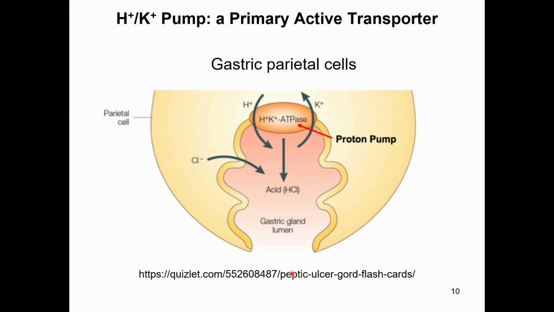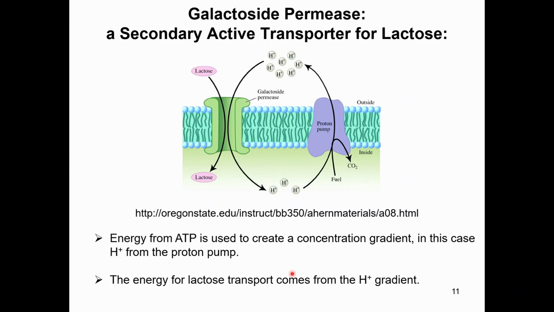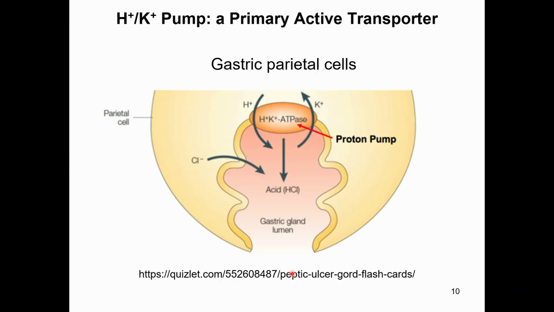And it turns out that there's a whole bunch of regulation that goes on with gastric parietal cells. So for instance, you don't want your stomach secreting a bunch of acid at 3 a.m. That would be unpleasant. But you'd like your stomach to secrete a bunch of acid after you eat a meal. And so there's a lot of regulation of the gastric parietal cells, so that this is happening at the right time in the right context. But it's another interesting pump.